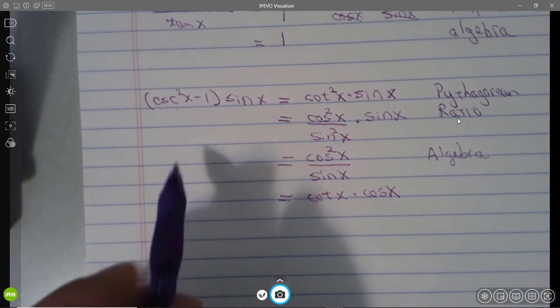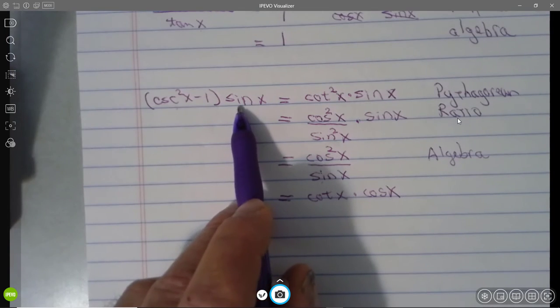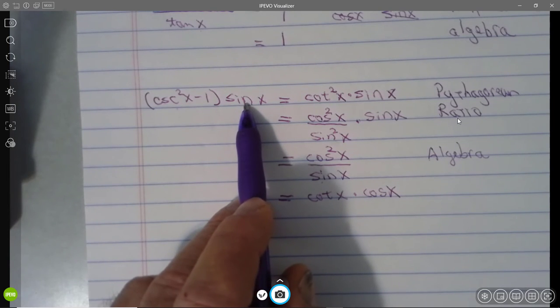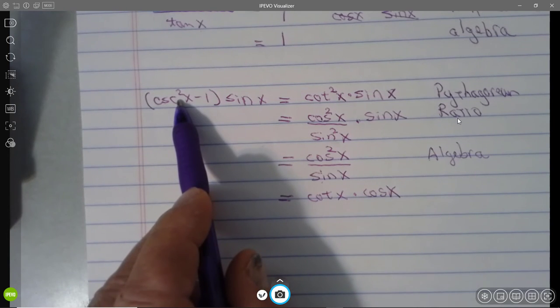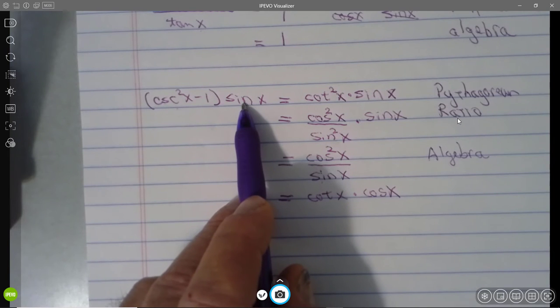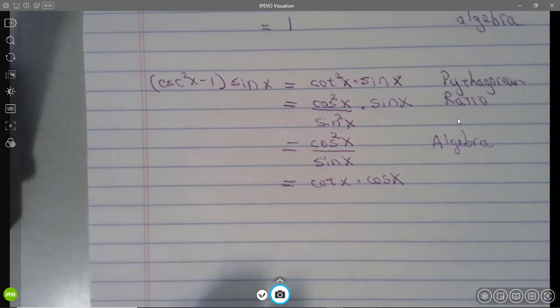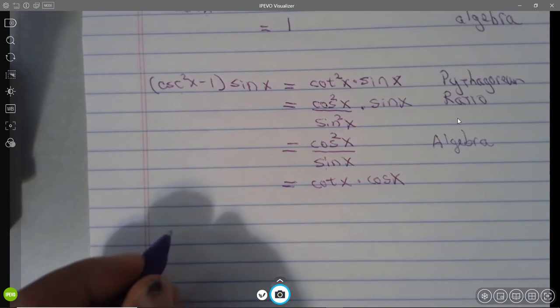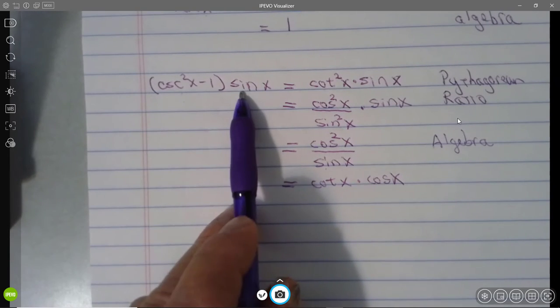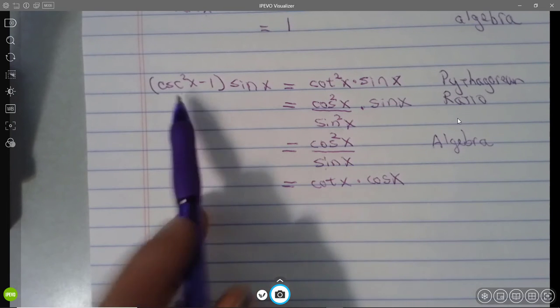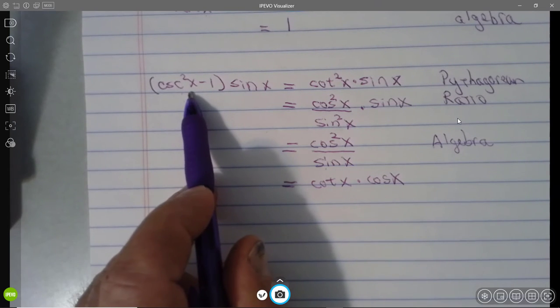Now, another possible route here would have been to multiply the sine into this in the first case. You could do that, but it turns out to be no easier and probably in fact a little bit worse. So maybe I should show you that, because after all you might try it, right? Cosecant squared is 1 over sine squared.